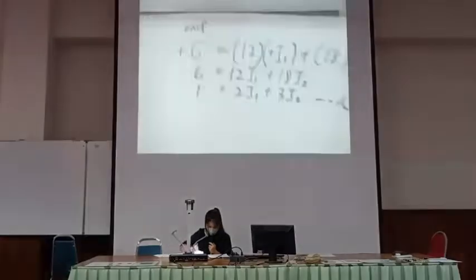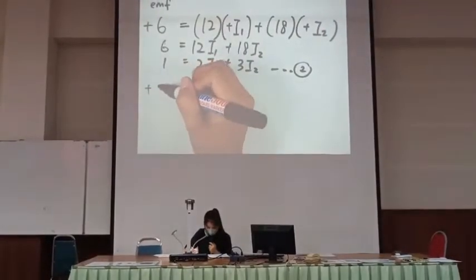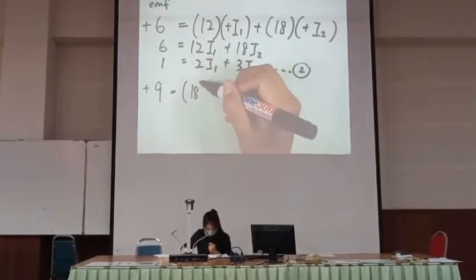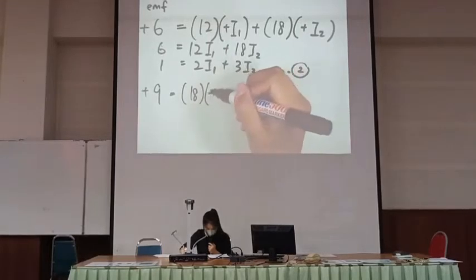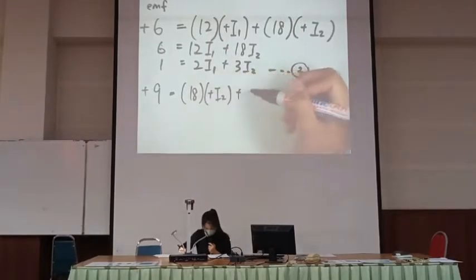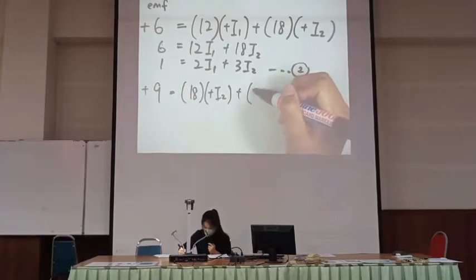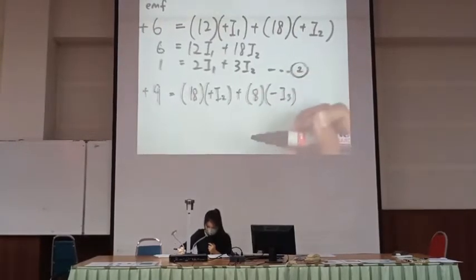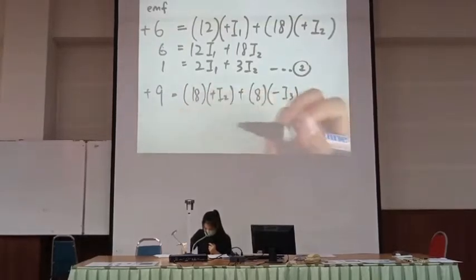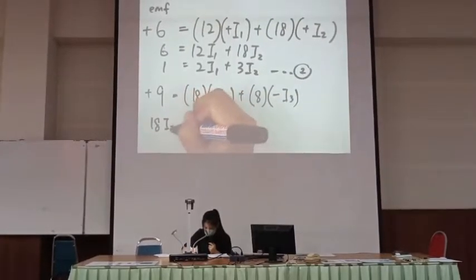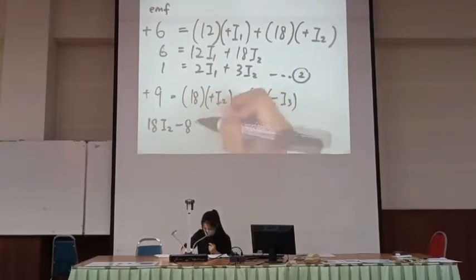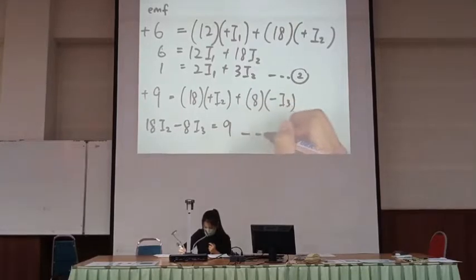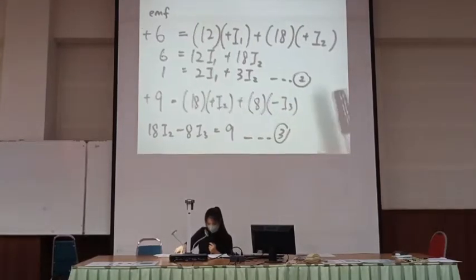So the equation should be positive 9 equal to 18 ohm multiplied with positive I2 plus 8 ohm multiplied with negative I3. So the equation is 18 I2 minus 8 I3 equals to 9. This is the third equation.